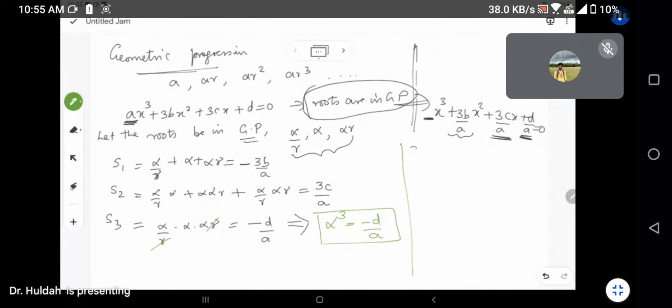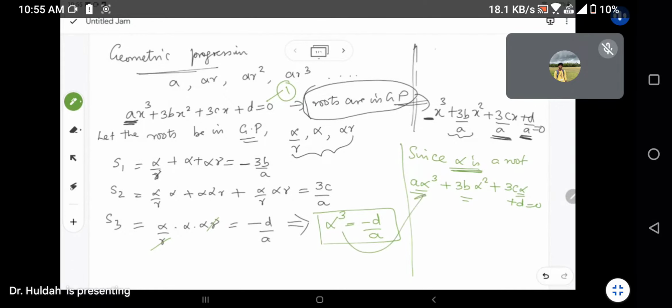Now we can write, since alpha is a root, it satisfies. So I'm going to substitute in this given equation itself. So what will happen? A times alpha cube plus 3b alpha squared plus 3c alpha plus d equal to 0.